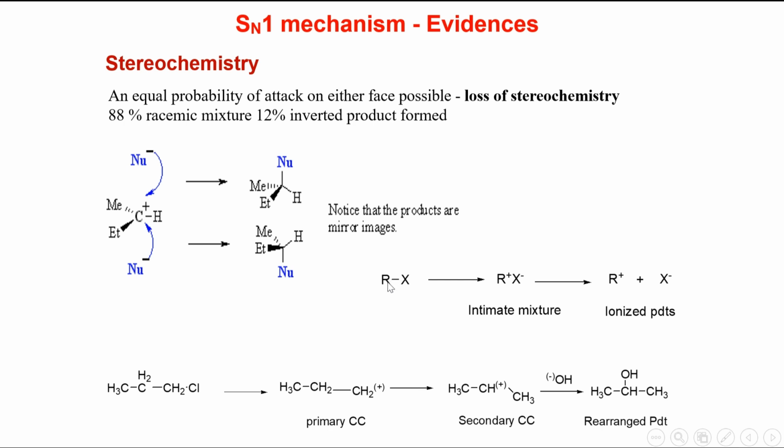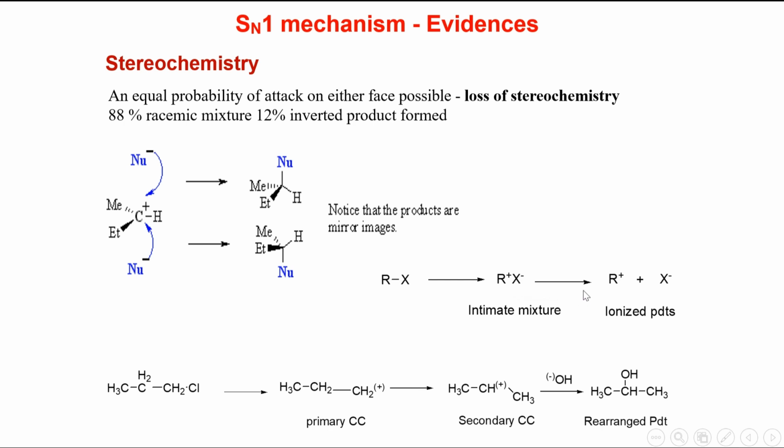The carbon and halogen bond slowly breaks. Once it slowly breaks, the alkyl group gets a slight positive charge and X gets a slight negative charge, and still the bonding is there. It is not completely separated. This stage of separation before the complete separation is called the intimate mixture.